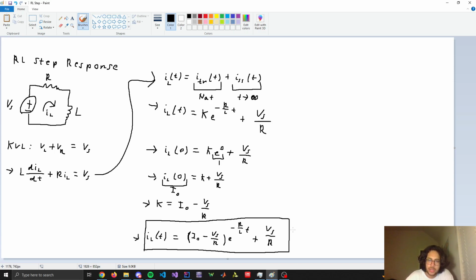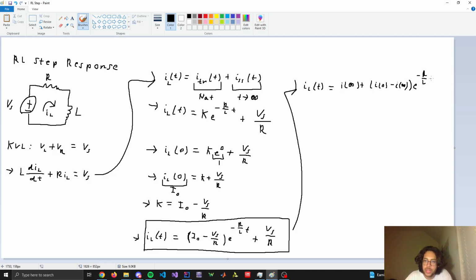And remember, from the RC step response, there's also a pattern going. We have IL of t. In a general sense, that's going to be I of infinity plus this quantity, I of 0 minus I of infinity, like this, times e to the negative R over L t.